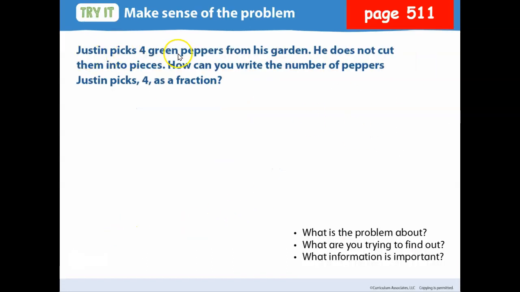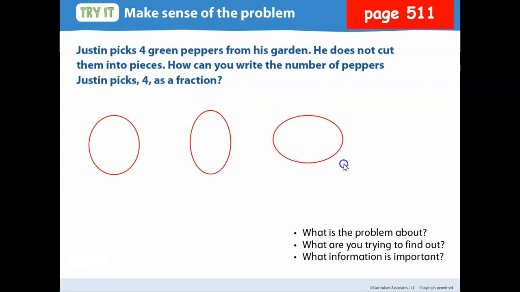So it says Justin picks 4 green peppers. All right. 1, 2, 3, 4. 4 peppers. He does not cut them. Okay? So they stay whole, right? It says, how can you write the number of peppers Justin picks as a fraction? Just like the video.